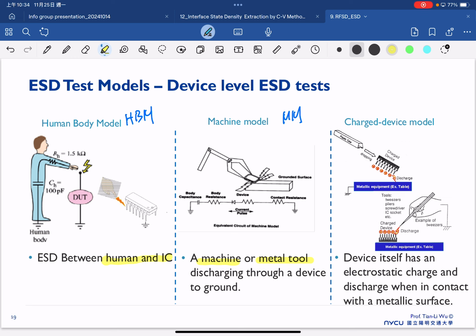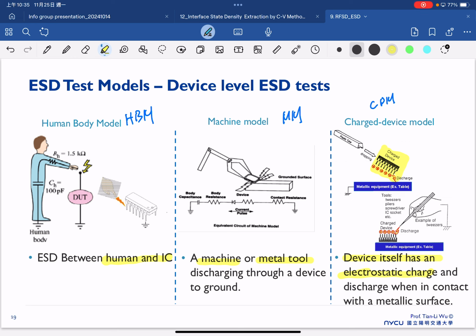And the last one is the charge device model, CDM. The device itself might already have a certain electrical charge. Sometimes our IC has already been charged, and then you put your IC in contact with another metal surface, and that can also cause an ESD event.